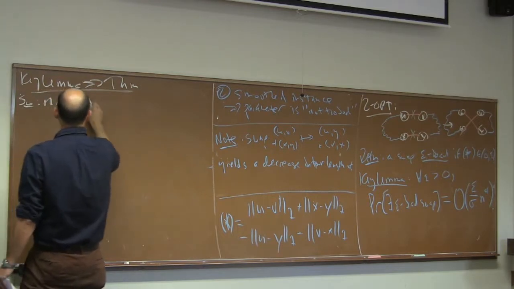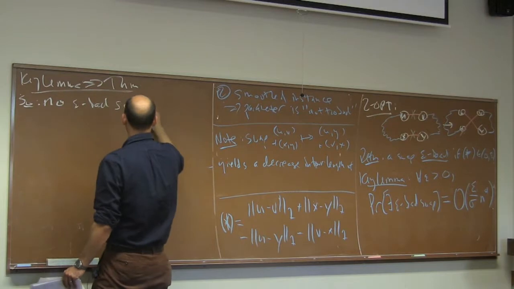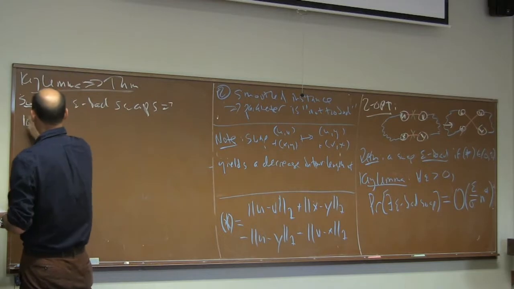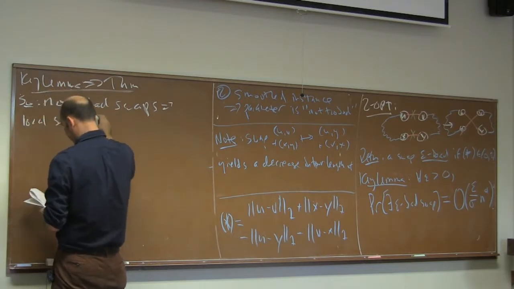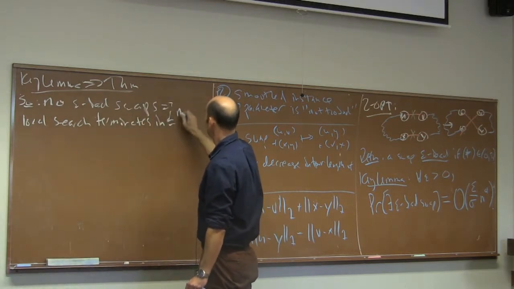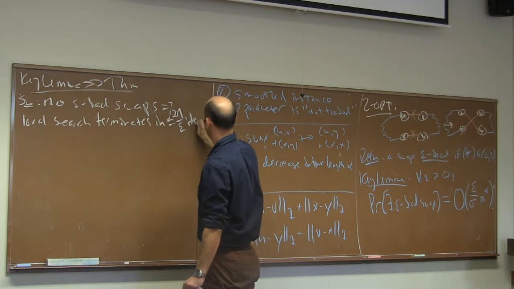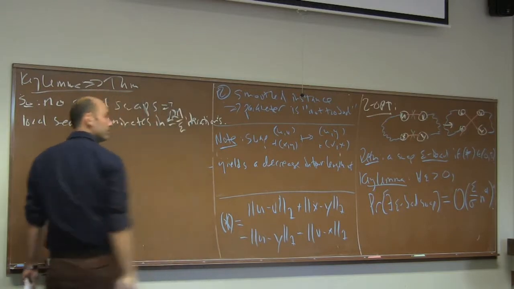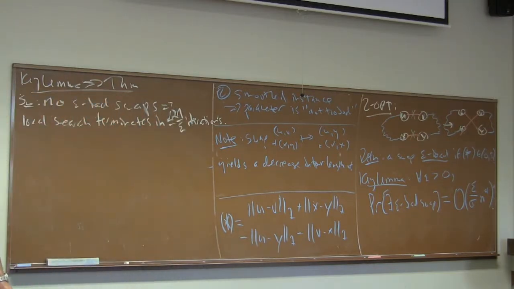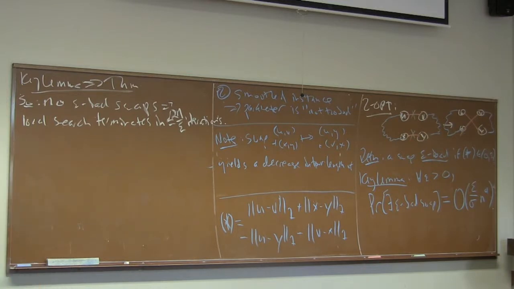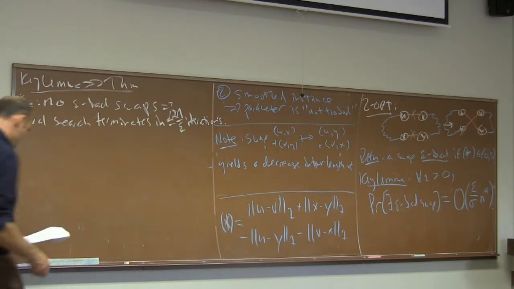So if we have no epsilon-bad swaps, and this is our very easy parameterized analysis, then local search terminates in at most 2n over epsilon iterations. Agreed? If there are no epsilon-bad swaps, every swap improves by at least epsilon. You start at 2n, you go to 0. So we're golden if epsilon is inverse poly.